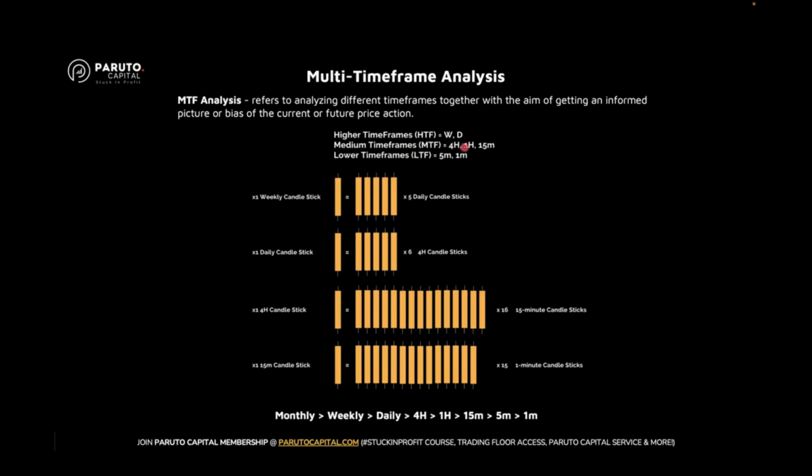Depending on how you look at the market, some persons will consider the 4 hour chart to be a higher time frame, right? However, it really just depends on how you view the market and how you utilize this in your trading.